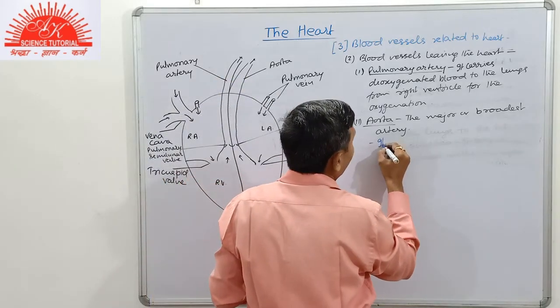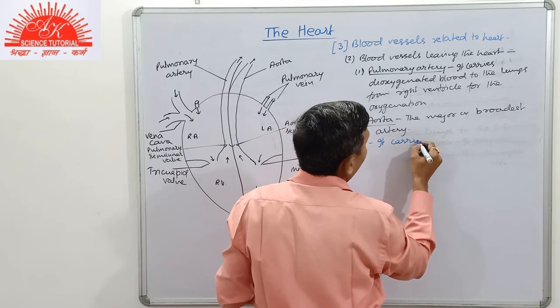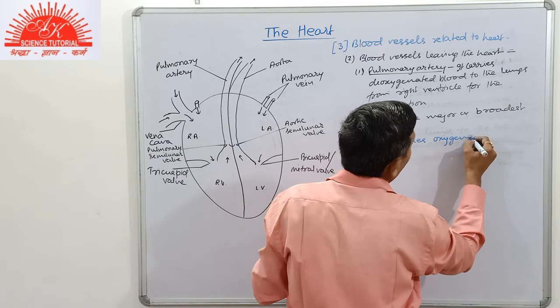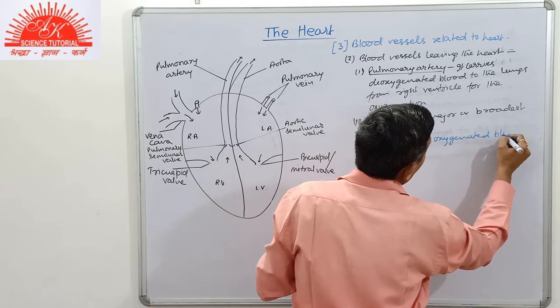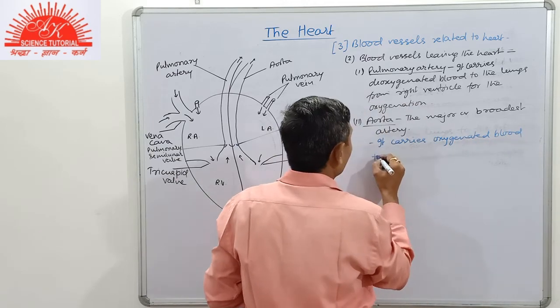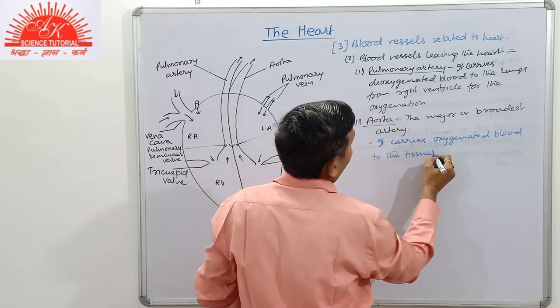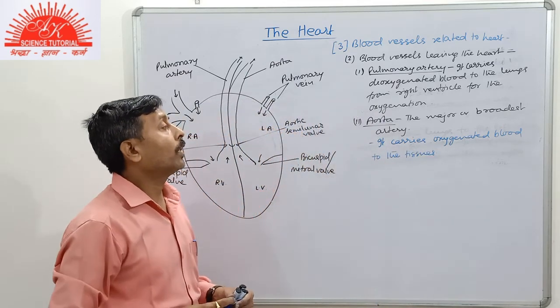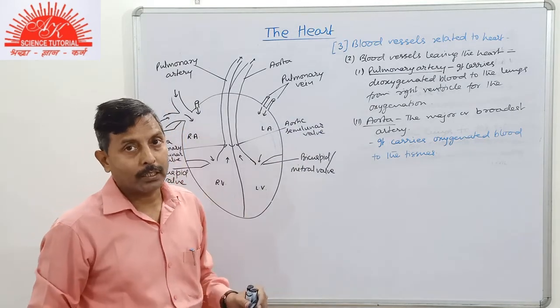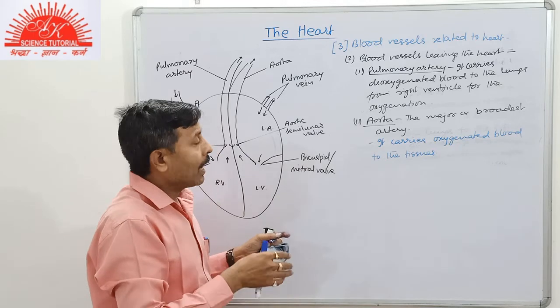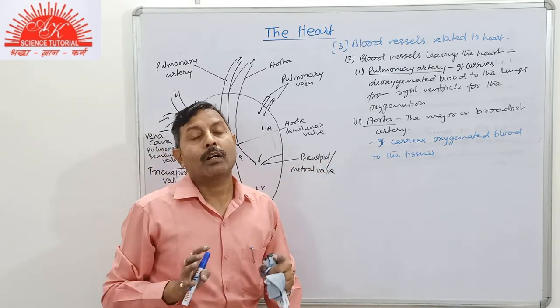So it carries oxygenated blood to the tissues, or we can say to the different parts of the body. Clear, student? So from the aorta branching takes place, and then the blood is supplied to different organs.